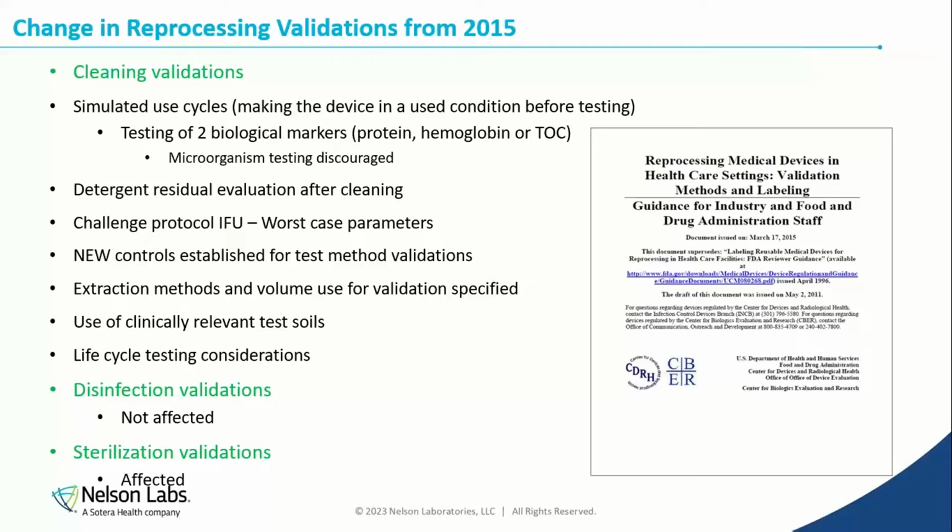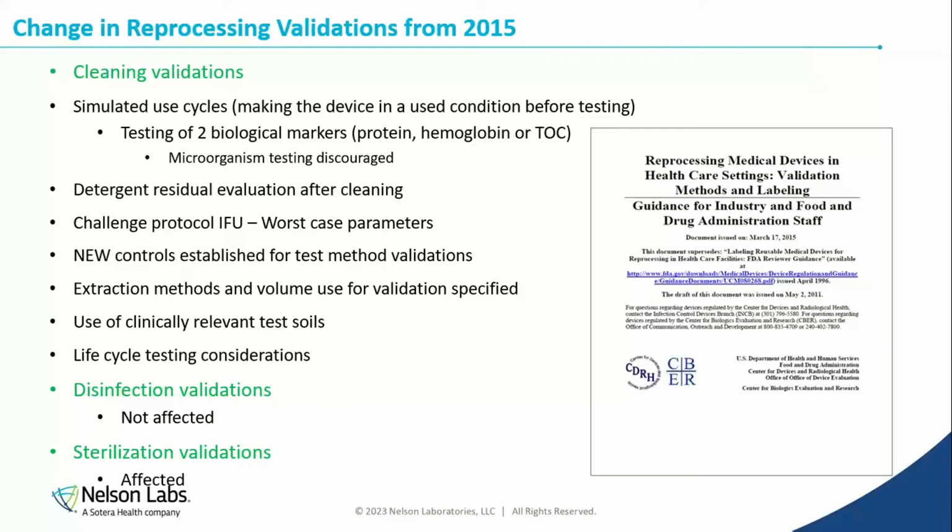Detergent residual evaluation after cleaning, that is something that we didn't see either, but was written, but was not performed. It was not actively performed until the last, I think, 5 years is when we started to see a little push towards that. Challenge to protocol IFU using worst case parameters.